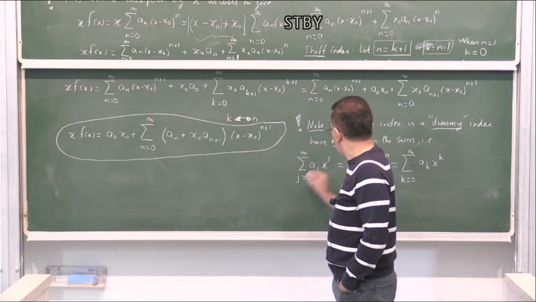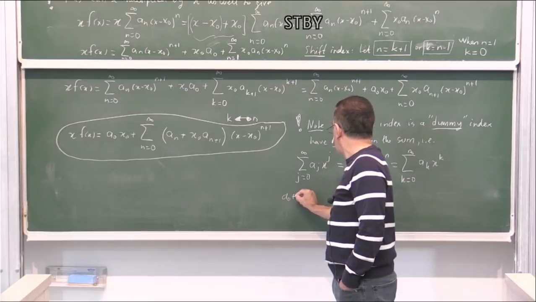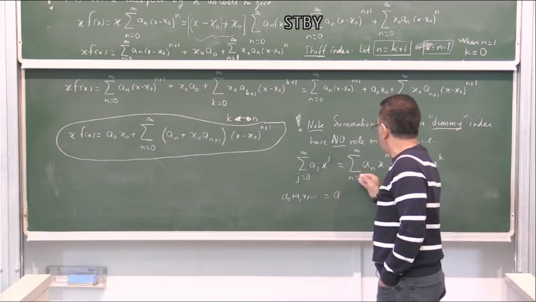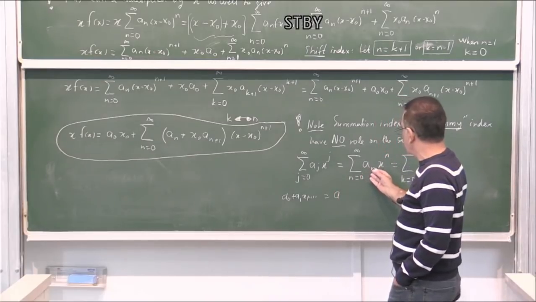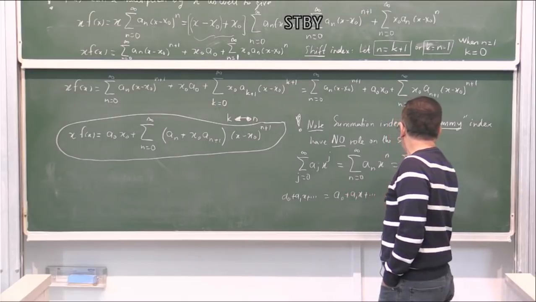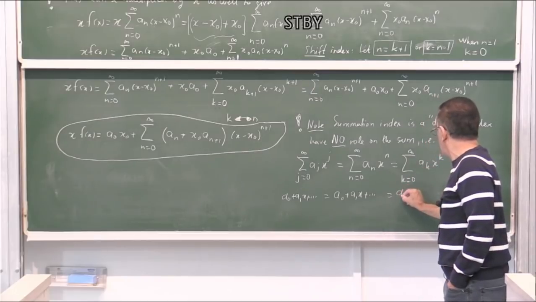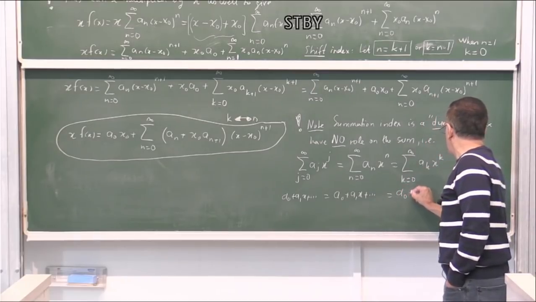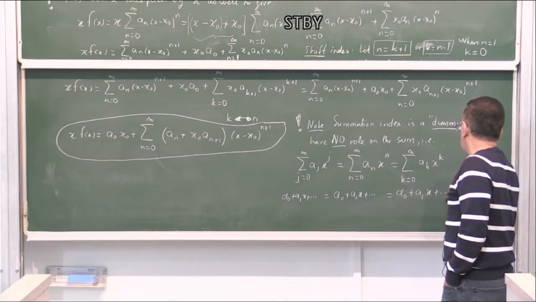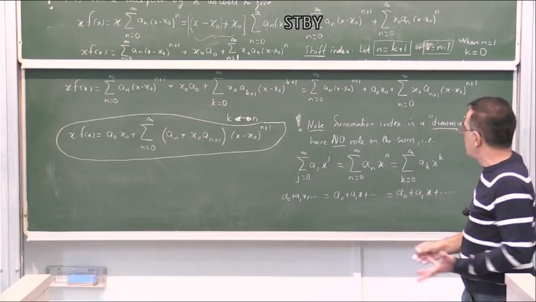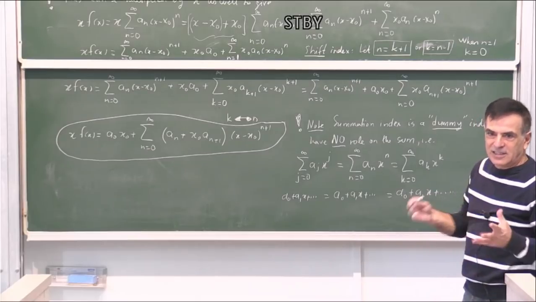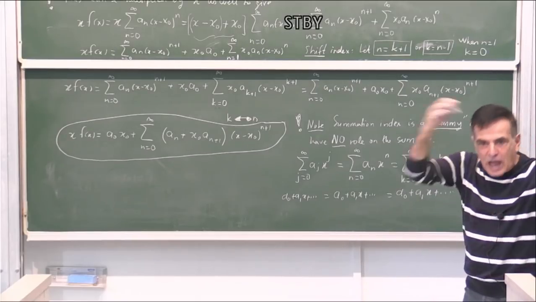Actually, as you see, what is the first one? a0 plus a1 x dot dot dot. The second one is the same, although we use counter n, a0 plus a1 x dot dot dot. For this reason, we say that the summation counter in a power series is a dummy index. It doesn't have any real role on the actual value of the sum.